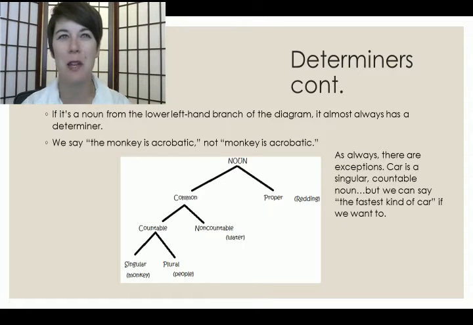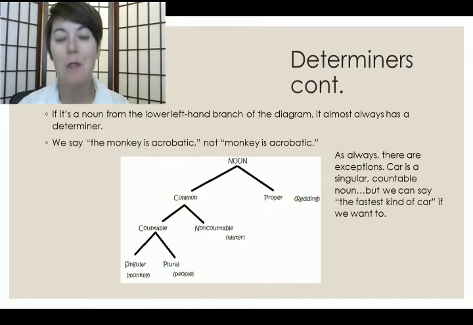Let's talk a little bit more about determiners and how they work. If we are dealing with a noun from the lower left-hand branch of our hierarchy of nouns, you remember this diagram from Chapter 12. If we are dealing with a singular countable noun, for example, it almost always has a determiner. So if our noun is monkey, we would say the monkey is acrobatic, not monkey is acrobatic.